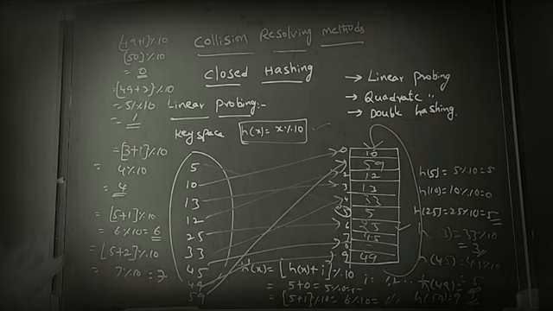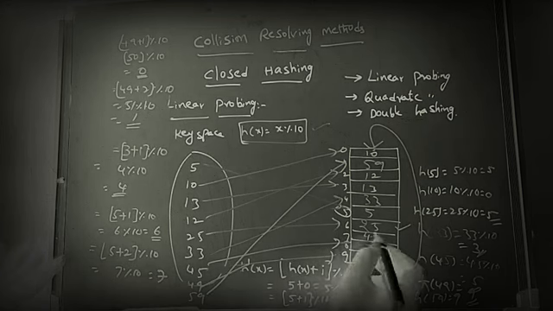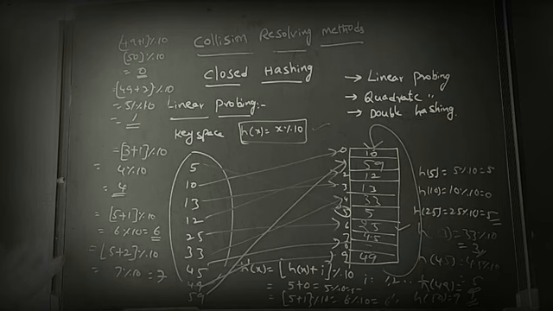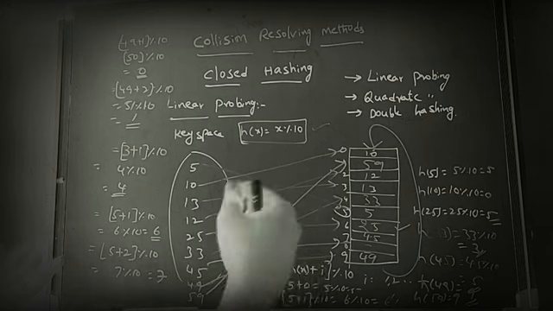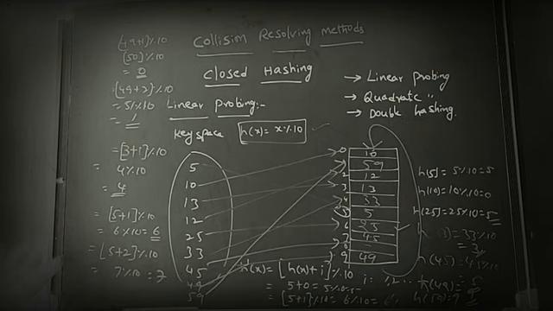Okay, so this is the problem. Instead of storing the element in the actual index, it can store somewhere else in the memory, so it can take more time again to search.